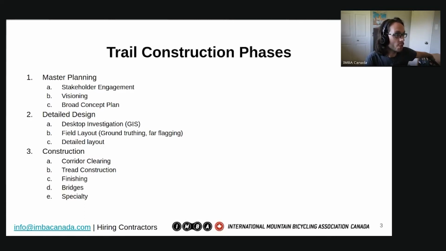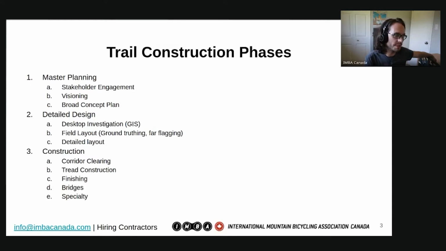But generally, master planning not only involves coming up with an idea of where my trails are going to go, it's really concerned with who. It's who is going to use those trails. What does the terrain look like? How do we balance who with the stakeholders that we have?